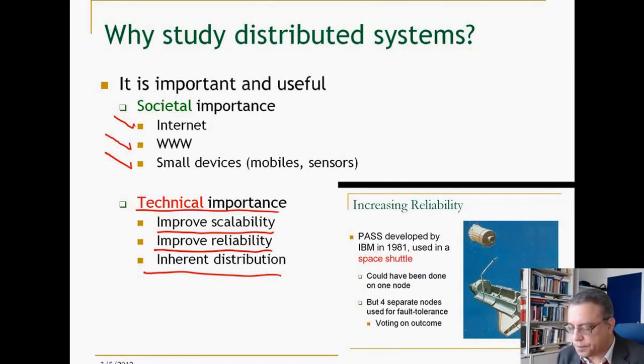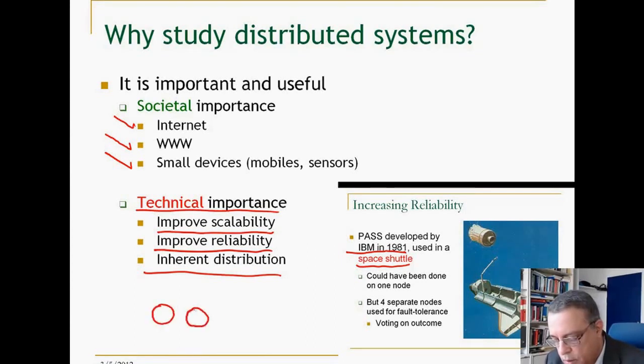Here is an example where building a small distributed system was important for reliability. PAS was a computer developed by IBM in '81 and used in the space shuttle. This computer could have been built as a single node, but if that node dies or crashes, then the shuttle will not work. So what was this computer?